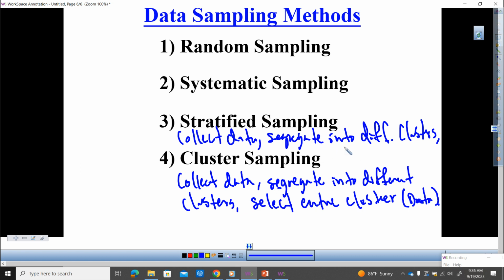So then do from there randomly select samples from a cluster. Yes. So in this case, we don't use the entire cluster. We only select certain ones from the same cluster. Does that make sense? Yes, so far? All right.